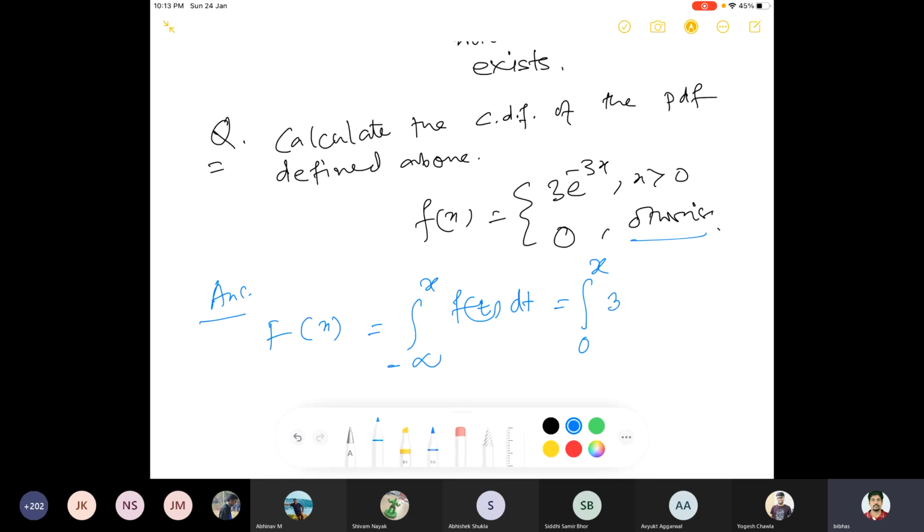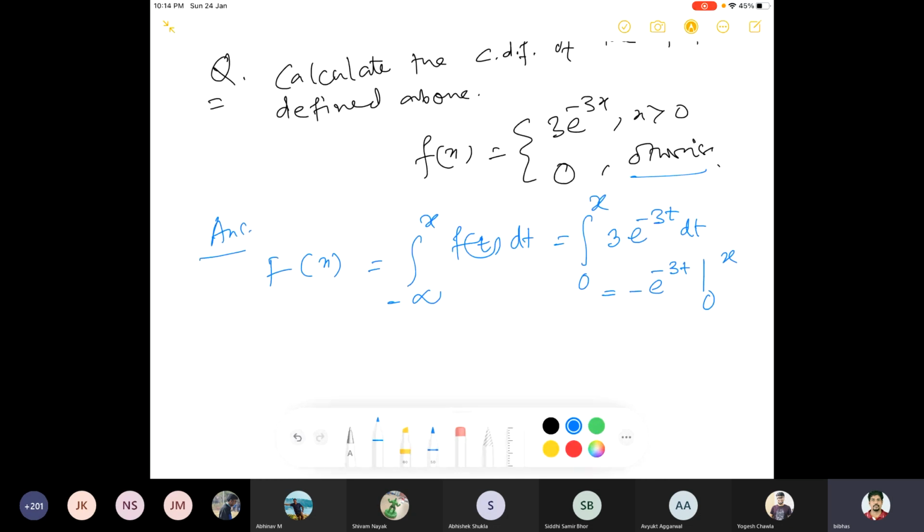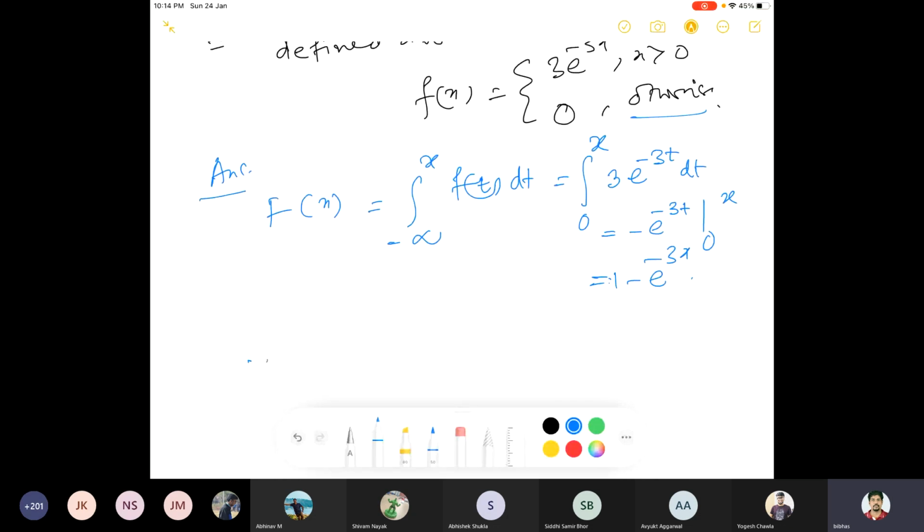So this is the integral of 3e^(-3t) dt, which is minus e^(-3t) from 0 to x. The 3 gets cancelled, so this will be 1 minus e^(-3x). Therefore our function F(x) is 0 when x is less than or equal to 0, and 1 minus e^(-3x) when x is bigger than 0.